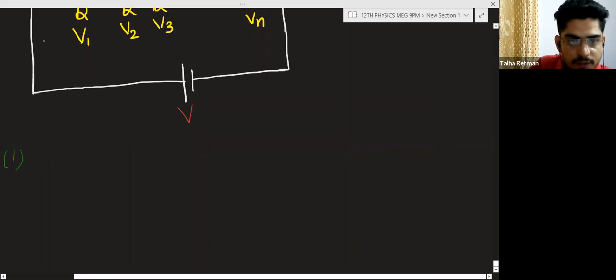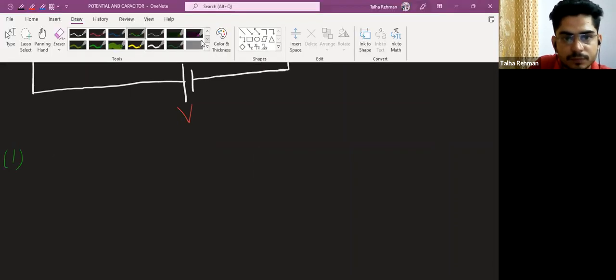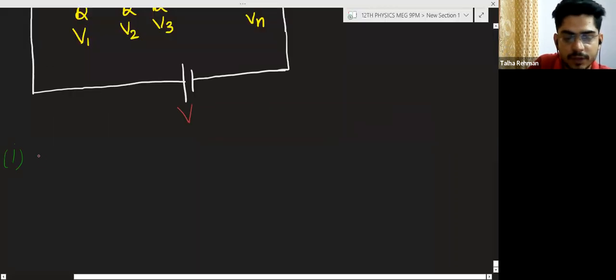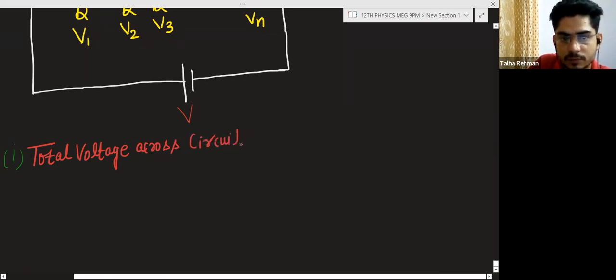Number one is total voltage across the circuit, VT.